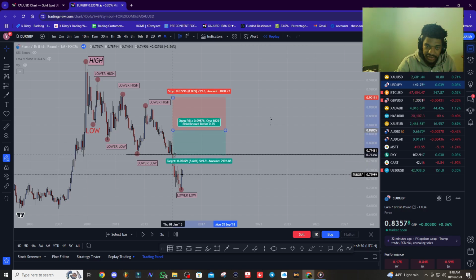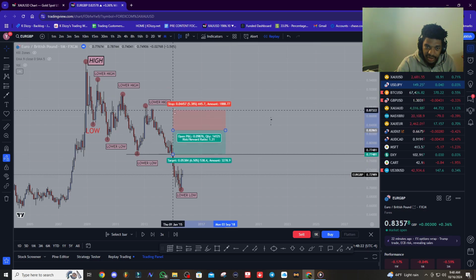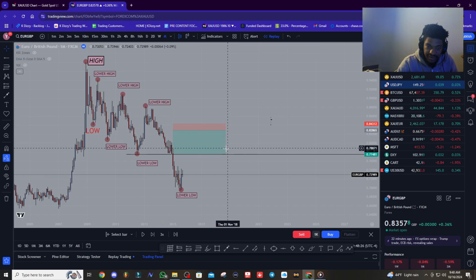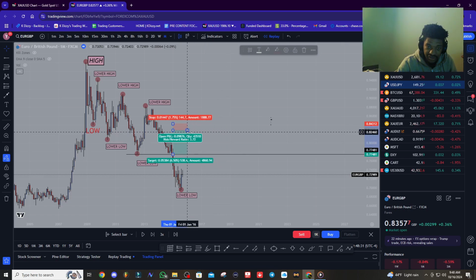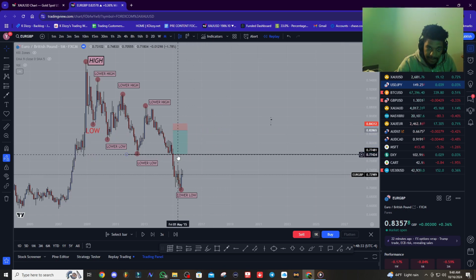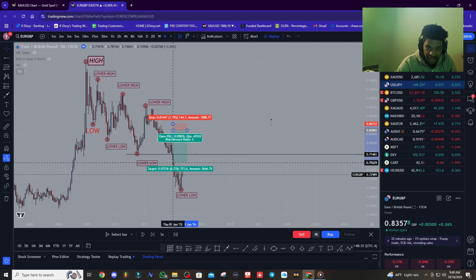So even if you did this right here, say you put your stop loss somewhere like down here, right? You made 3 times, almost 4 times what you risked. So if you risked $100, you made $400 just off this move. But if you kept it in, yeah, you made almost $1,000 off this move, right?